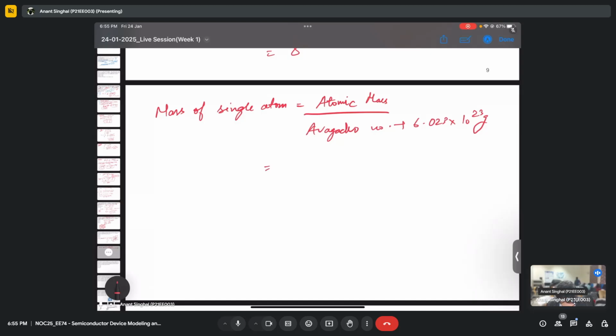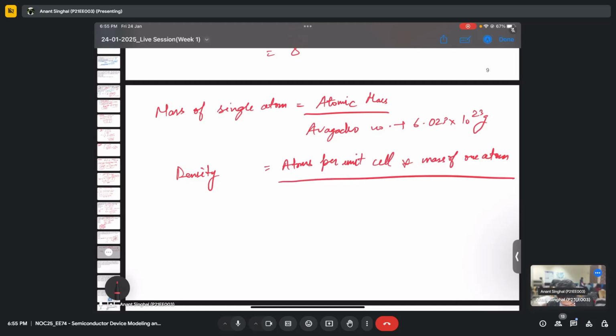So now the density is nothing but atoms per unit cell times mass of an atom, divided by a cube.